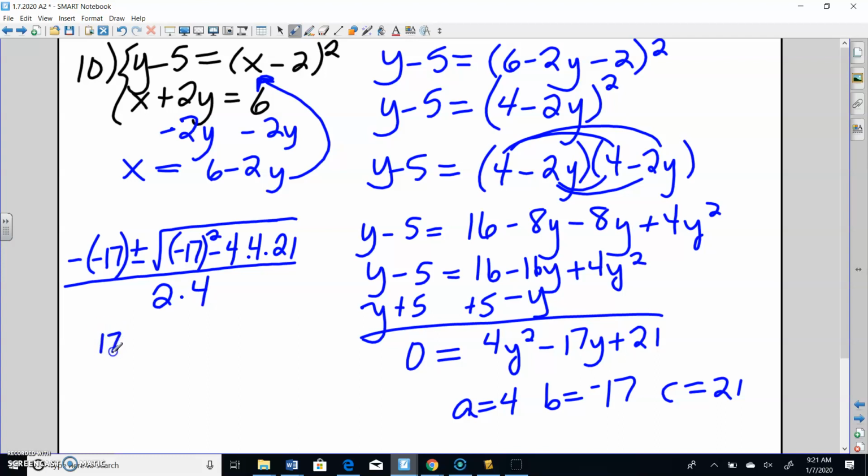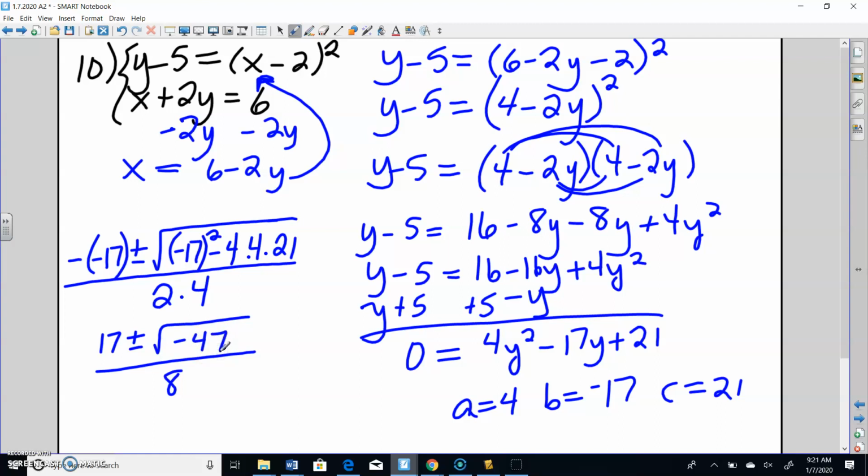So what is negative 17 squared minus 4 times 4 times 21? Negative 47.